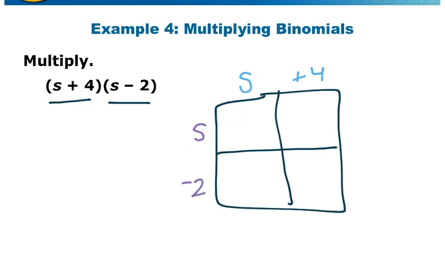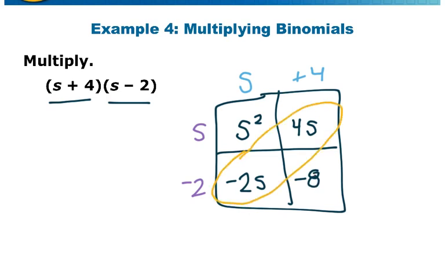So s times s makes s squared. S times 4 makes 4s. Negative 2 times s makes negative 2s. And negative 2 times 4 makes negative 8. Again, these 2 pieces are going to come together, and so we end up with s squared plus 2s minus 8.